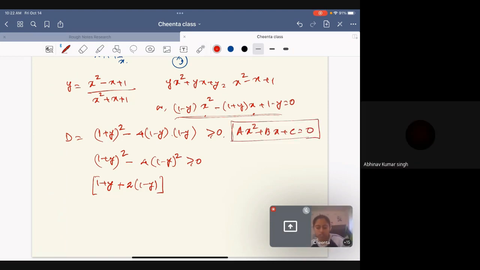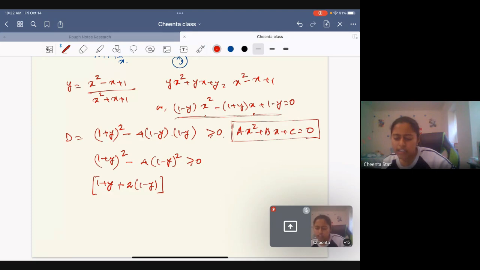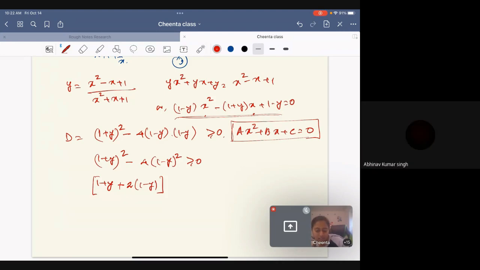But ma'am, how do we know that a is not equal to 0? If a is 0, then what is the problem? Ma'am, if a is 0, then it is not a quadratic equation. Then we can't find the discriminant.